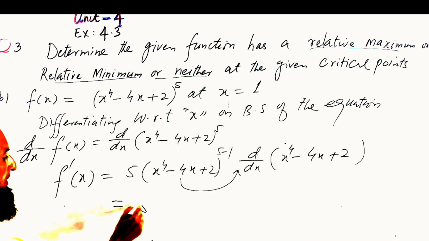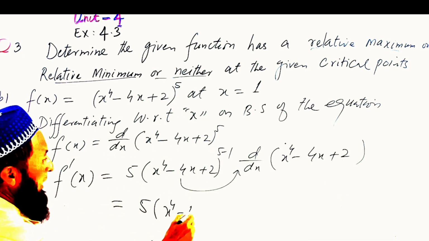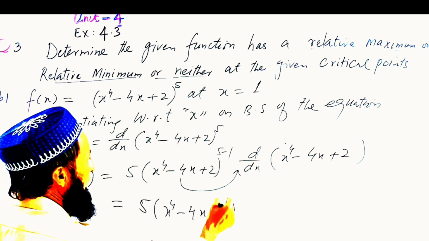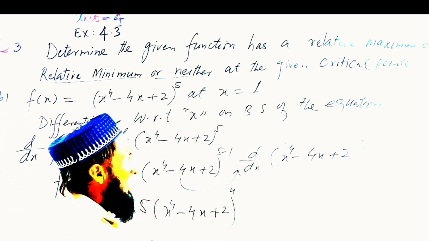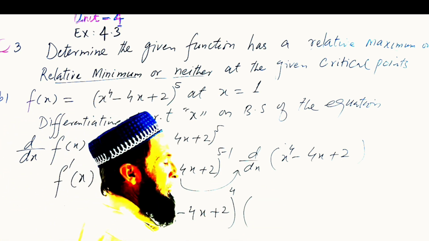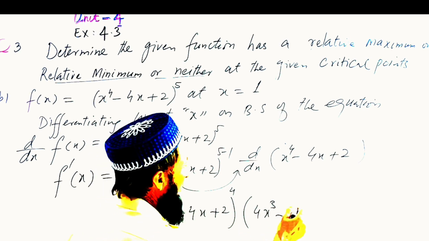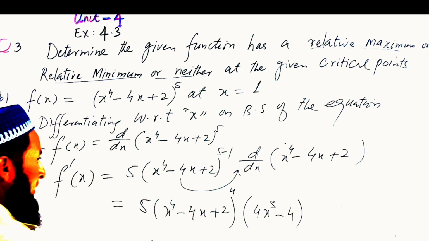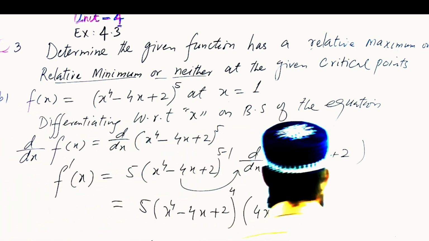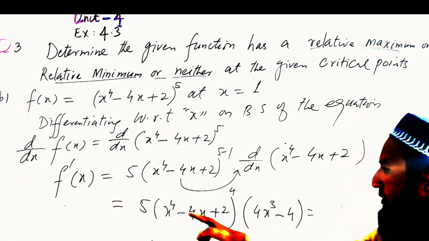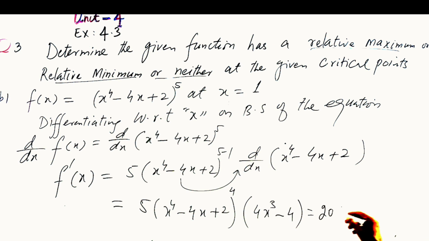Now we simplify: 5 (x power 4 minus 4x plus 2) whole power 4, and the derivative, once again using the power rule, is 4x cube minus 4. Now 4 is common, so 4 multiplied by 5 is 20 (x power 4 minus 4x plus 2) whole power 4 into (x cube minus 1).